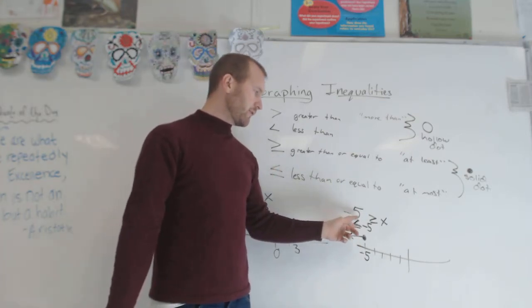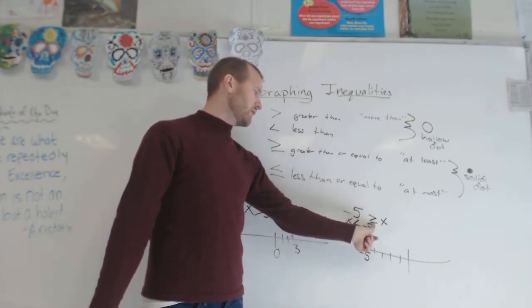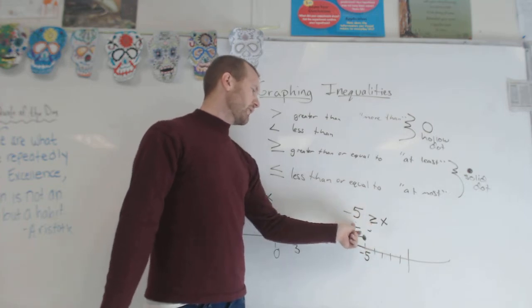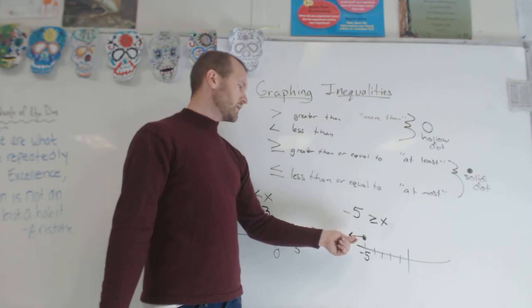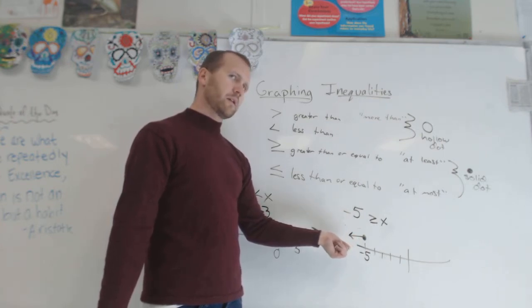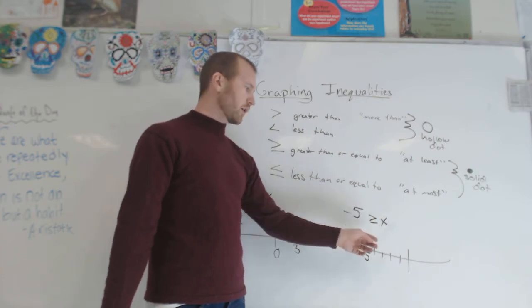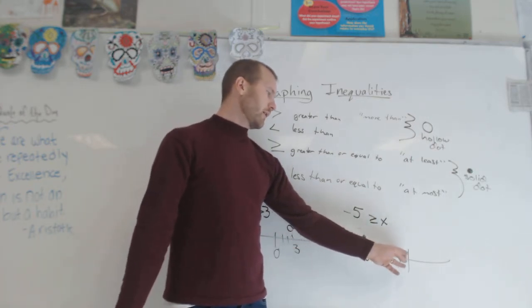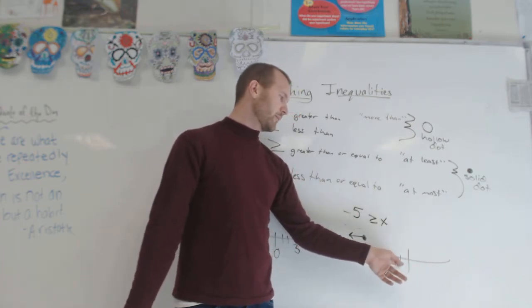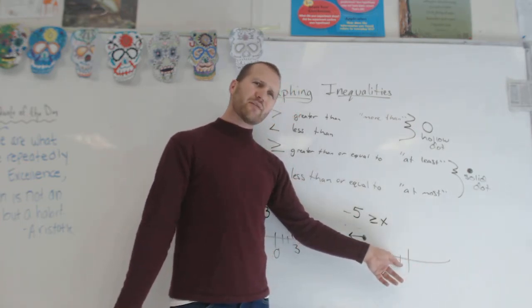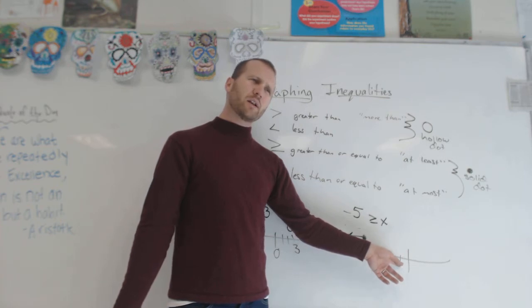So this says that negative 5 is greater than x, or greater than or equal to. So does that mean, if x were like over here somewhere, let's say if x were negative 1, is negative 5 greater than negative 1?